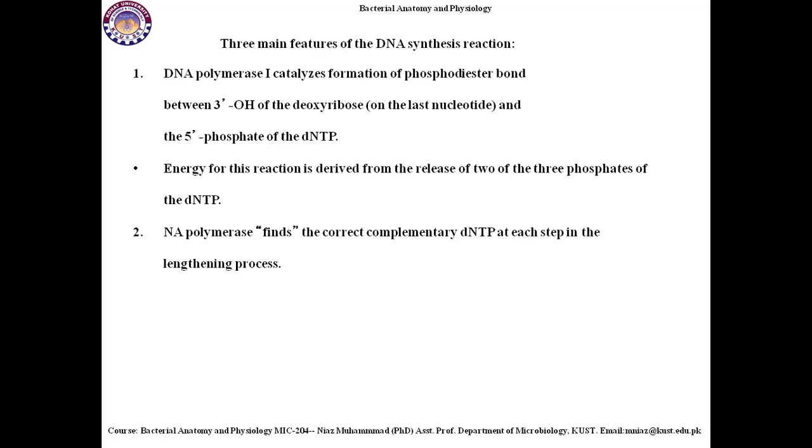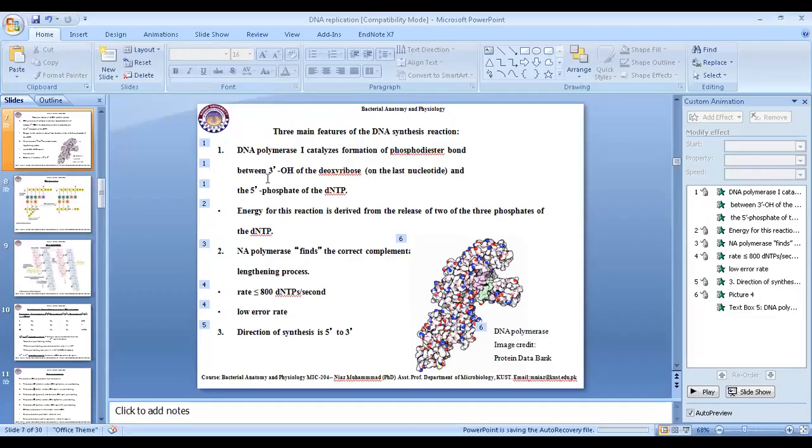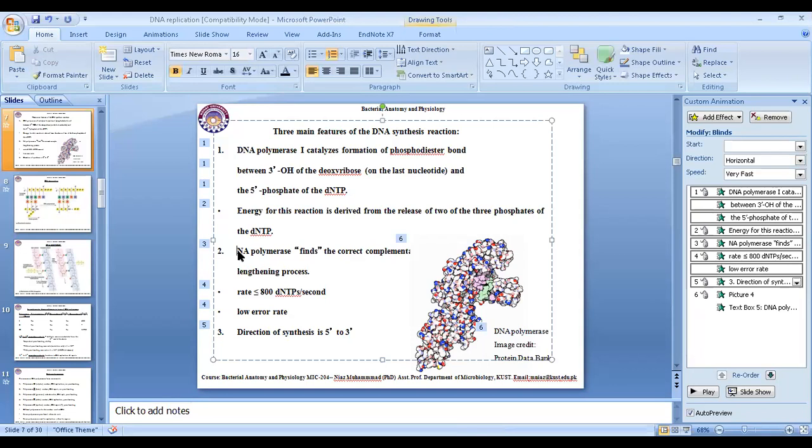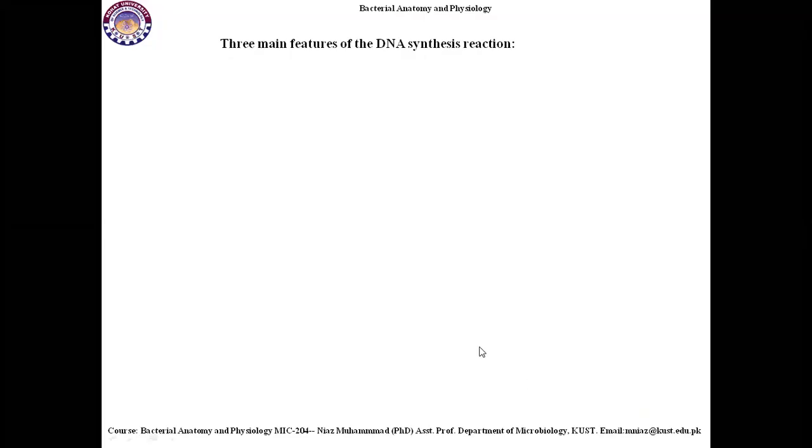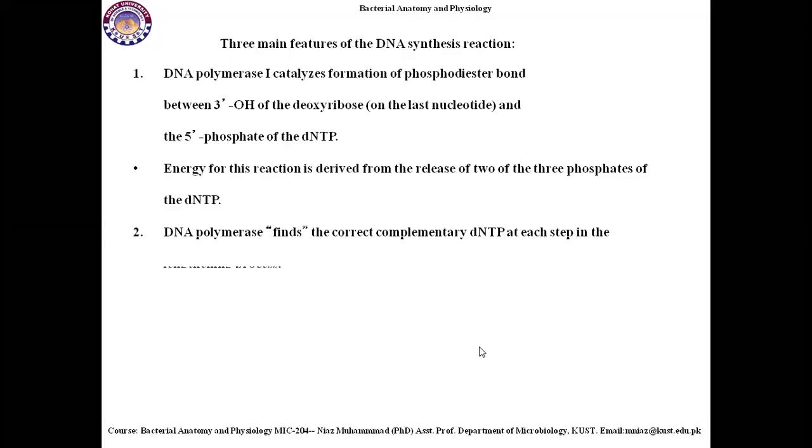DNA polymerase finds the correct complementary dNTP at each step in the lengthening process.